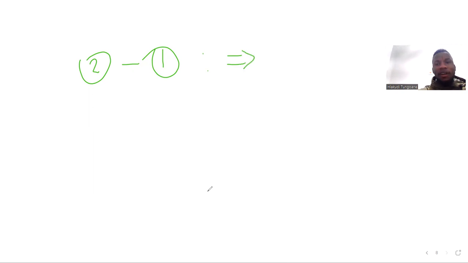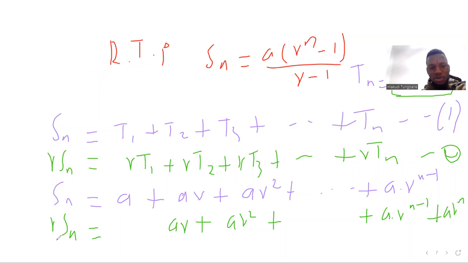What does this imply? That implies that if we take this and minus this, we are able to eliminate most of the terms in these sequences. We only want to be left with 2 terms, this one and this one, because everything else looks the same. So we're just going to wipe it out.